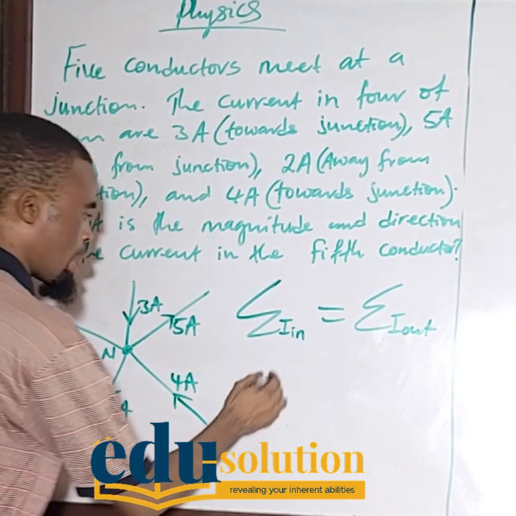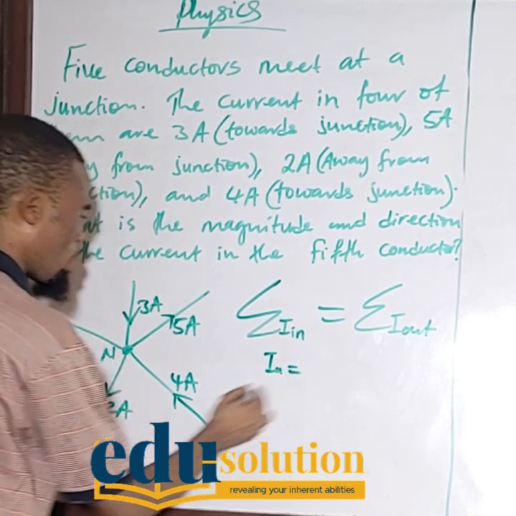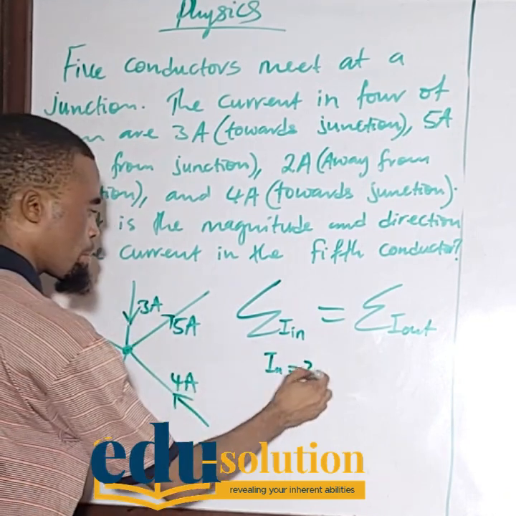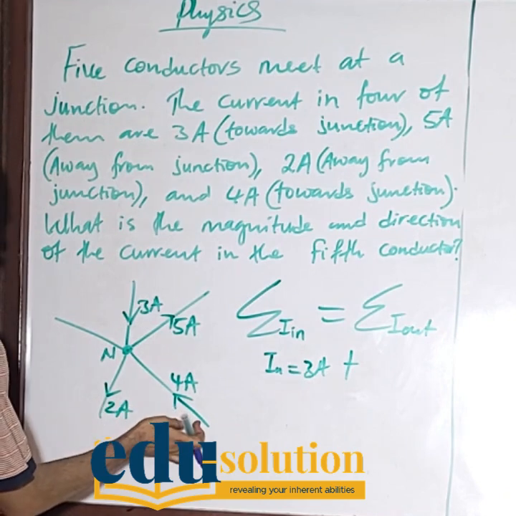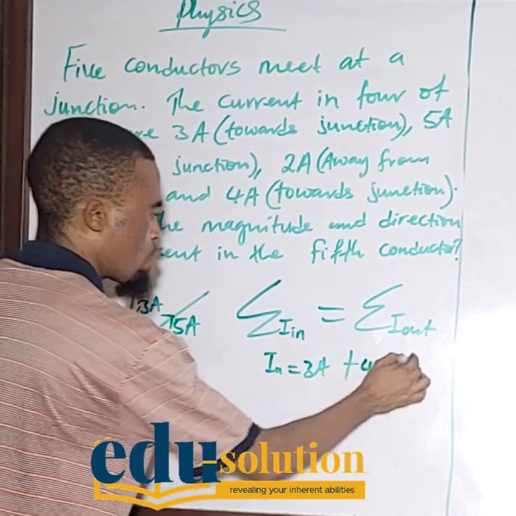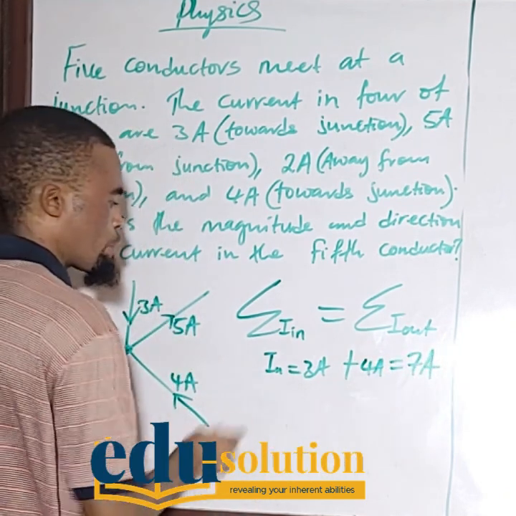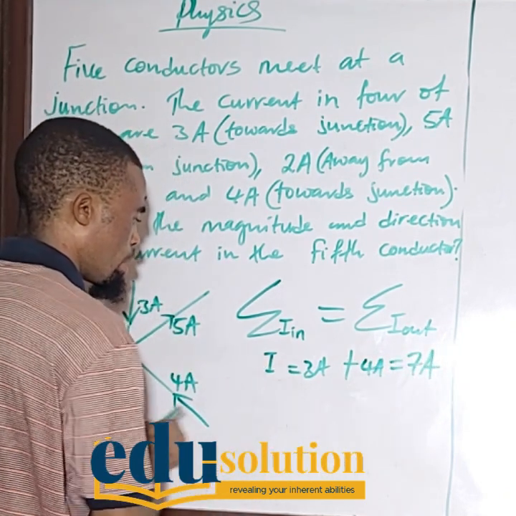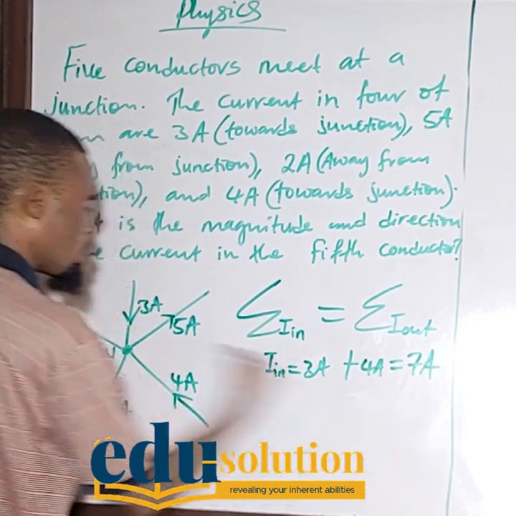So we are going to add them together. The current that is in is equal to 3 ampere plus 4 ampere, which gives you 7 ampere. This is the sum of the current that is flowing into the junction.